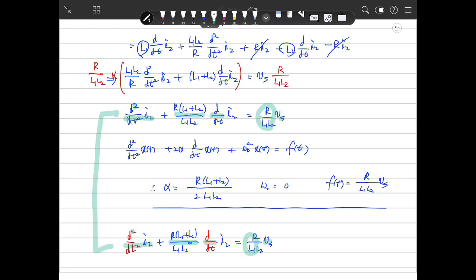This is a different way to get the operator, I mean to get the second-order differential equation describing the second-order system.